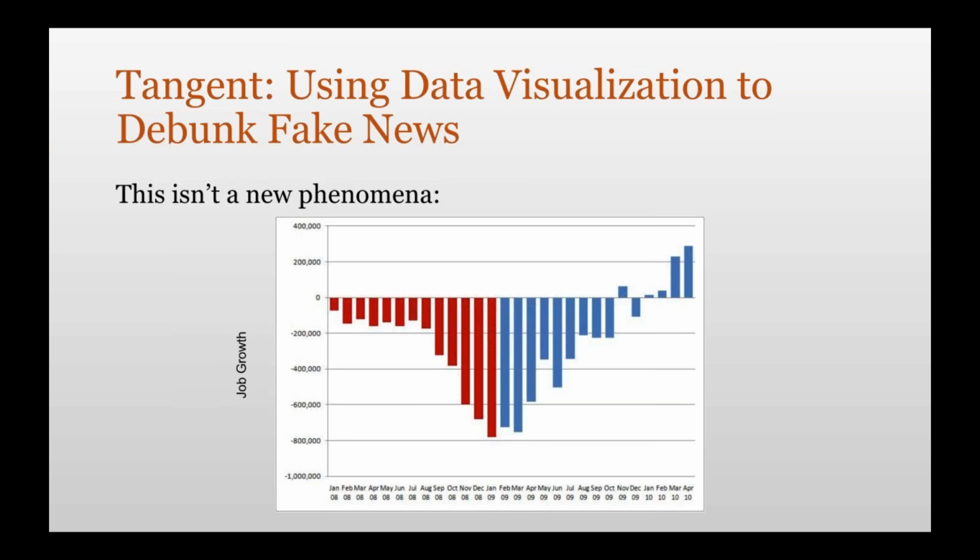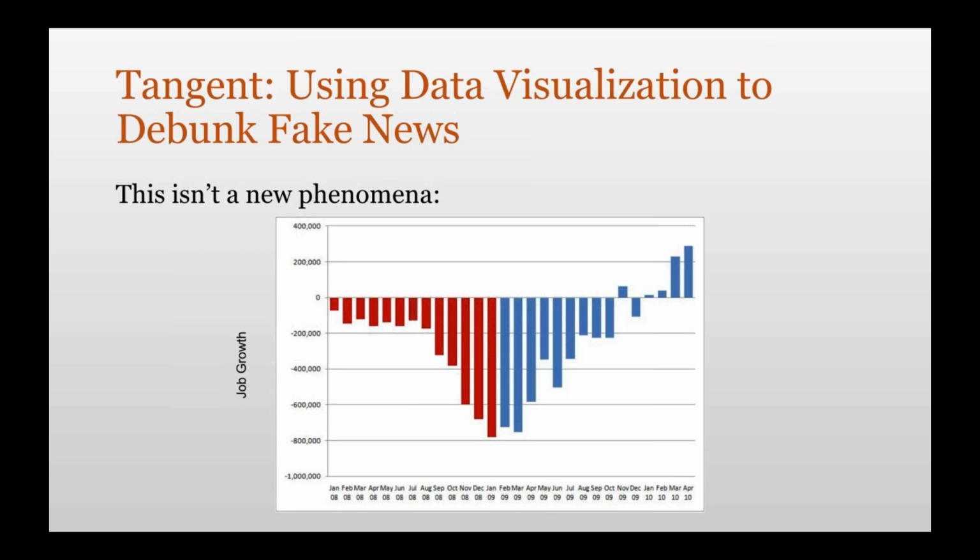And obviously, this isn't a new phenomenon. This wasn't from an official source, but I don't know if anyone else reads as many economics blogs as I do, but I've seen this visualization around multiple times when looking at the early days of the recovery and comparing Obama to Bush.